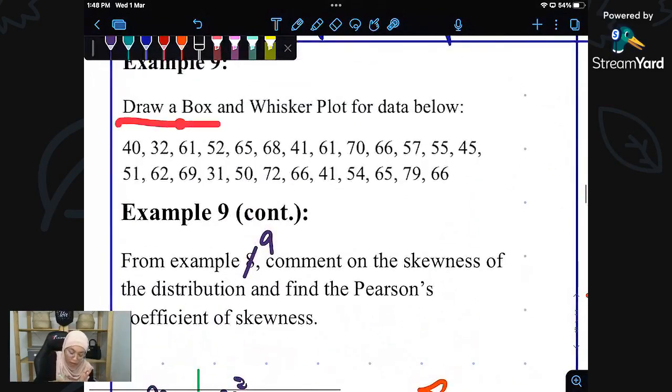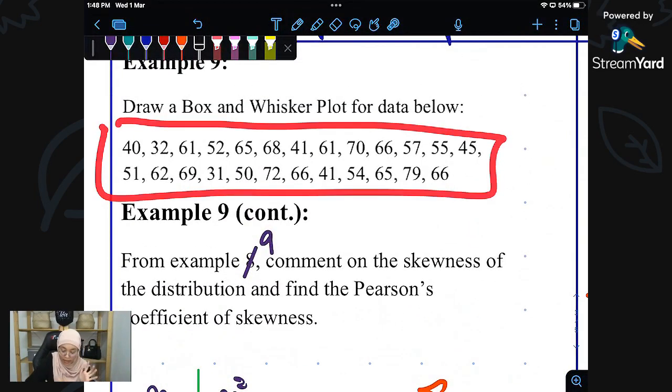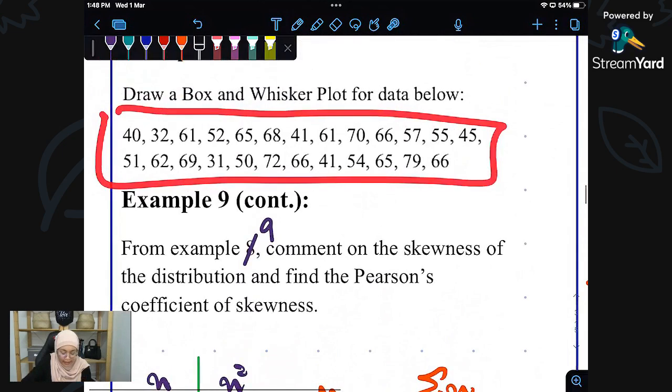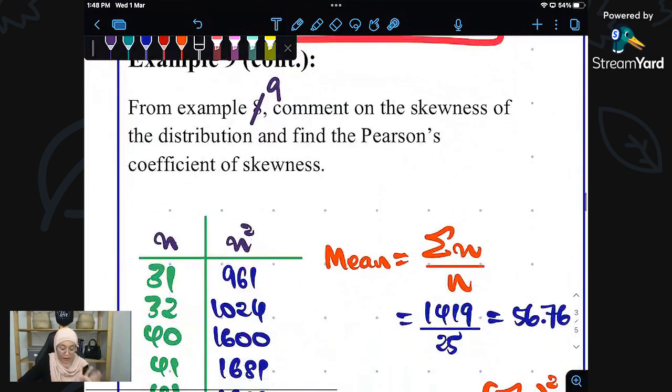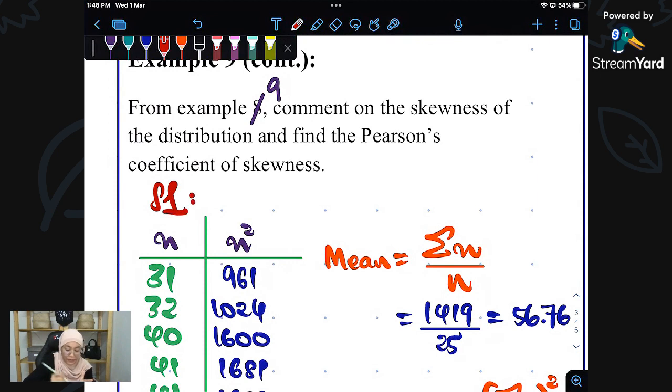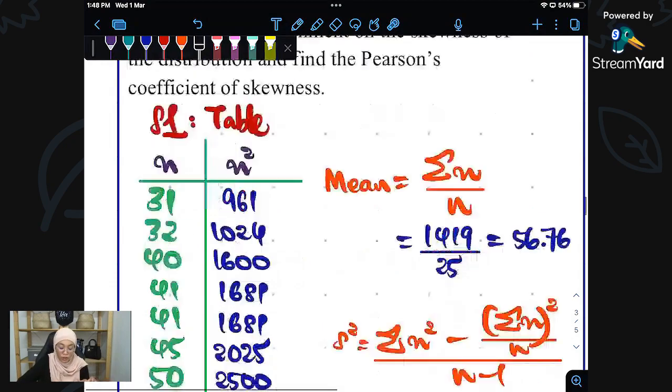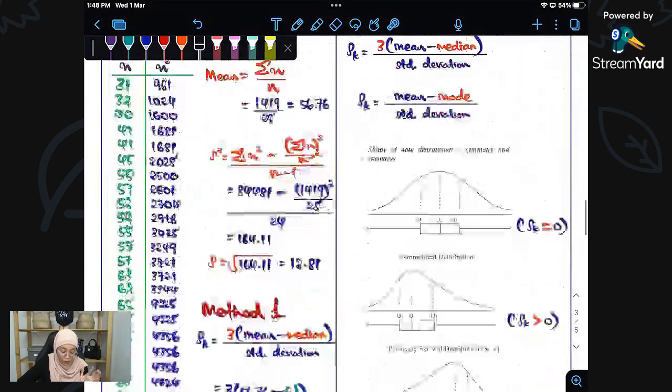Okay, so now let's continue doing this example 9, where I know we have a lot of data here. Banyak sangat. I guess it's 25. Yeah, tak apa. So all you gotta do first is to find the x squared, the summation of x and the summation of x squared. So basically you gotta do the table. When you do the table, don't be too overwhelmed.